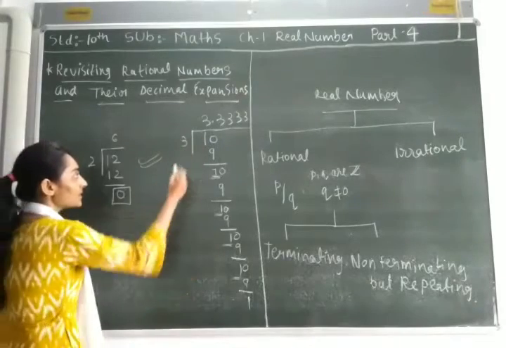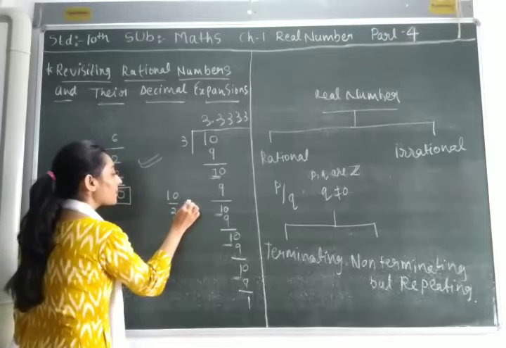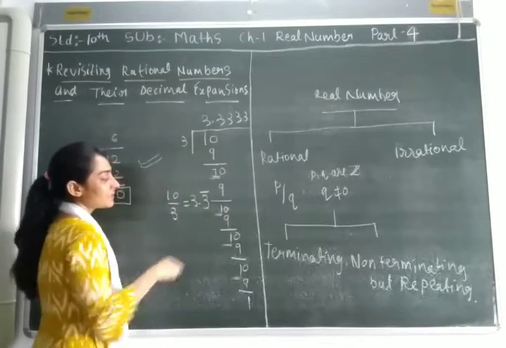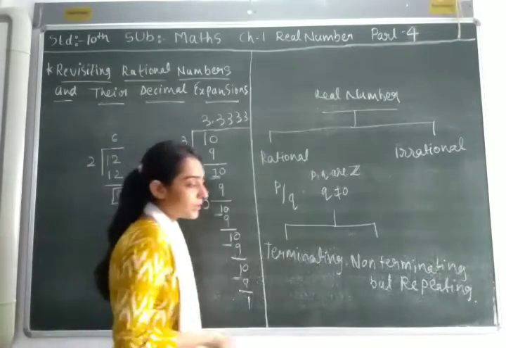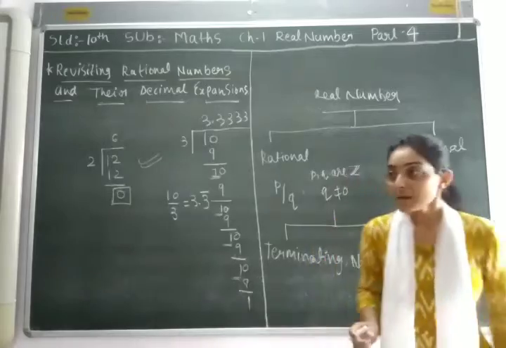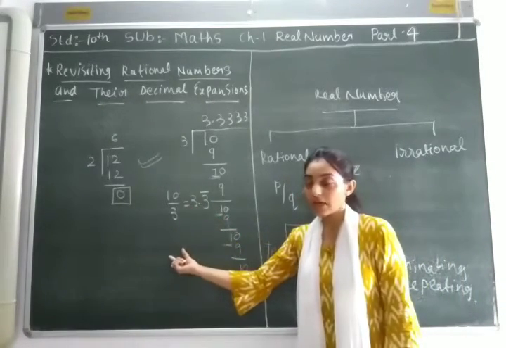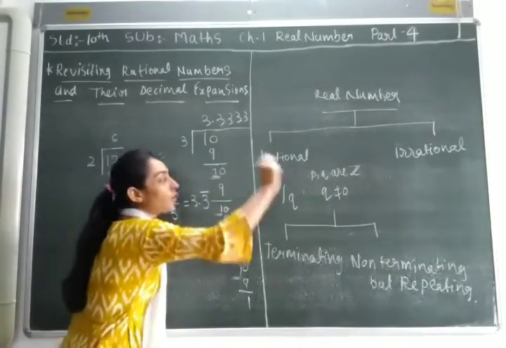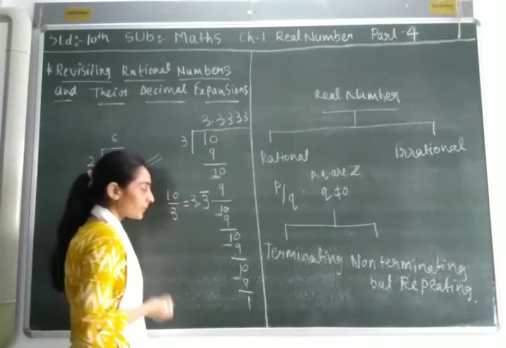So we can write that 10 by 3 equals 3.3 bar. This bar represents that this 3 keeps on repeating. So we can write this in P by Q form, because we know that after this it keeps on repeating, so we can express it in bar form.